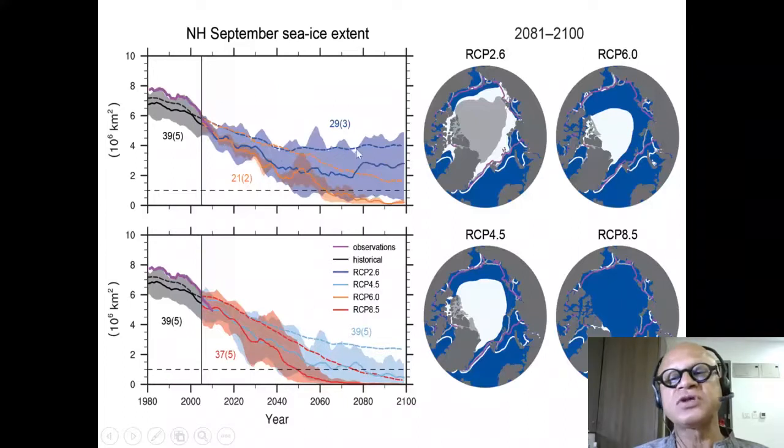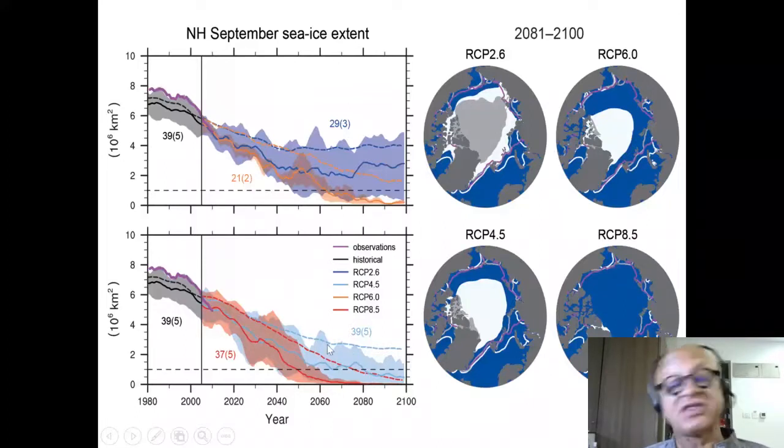If we use RCP 4.5 with various options or RCP 2.6 with various options, maybe we will save some of the sea ice, as you can see here. This is not bad, right? Whereas 4.5 is also not bad. 8.5 is really, really bad.